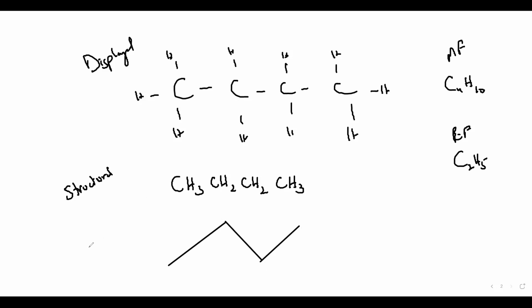So we call that the skeletal formula. Why is it important to know all these formulas? Because it depends on the question. Sometimes they say draw the displayed formula, structural formula, skeletal formula, or write the molecular or empirical formula. Is the difference between the different types of formulas used to represent organic molecules clear?